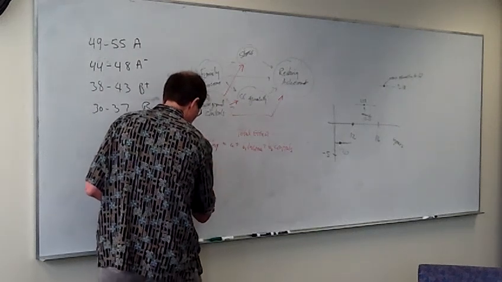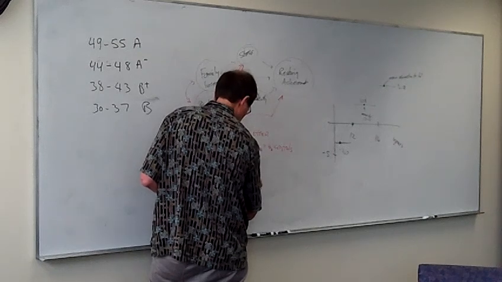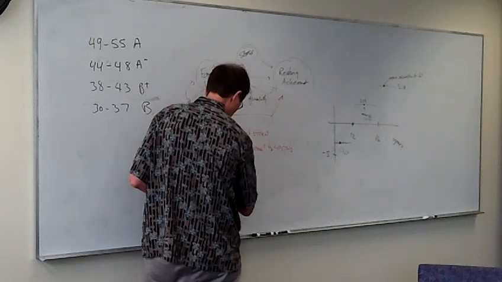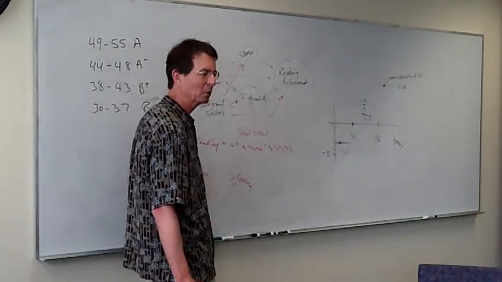Easiest way to do this for the total effect is just leave out the mediators altogether and run this regression. Reading is a function of family income and controls.